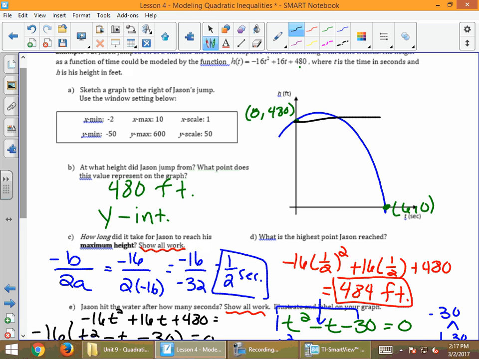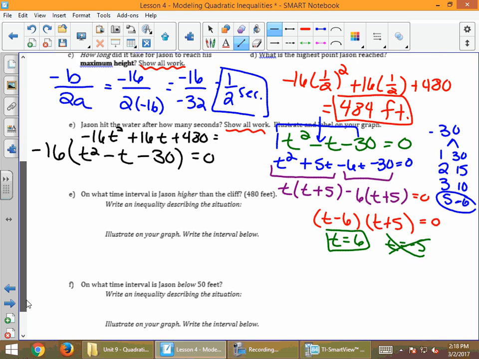Draw a line representing 480, his initial height. First we have to write an inequality. Sorry, I like to illustrate first. We'll go ahead and write an inequality that represents it.